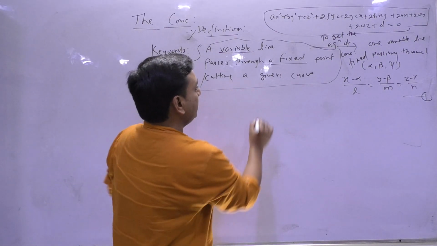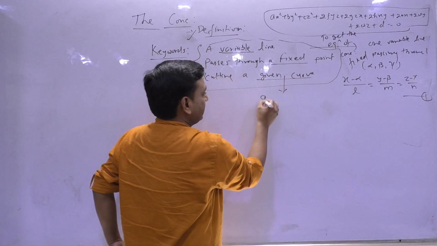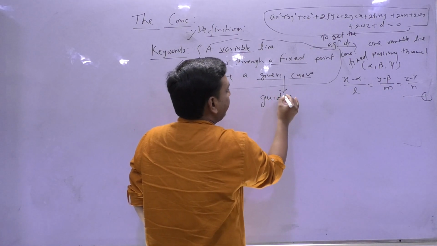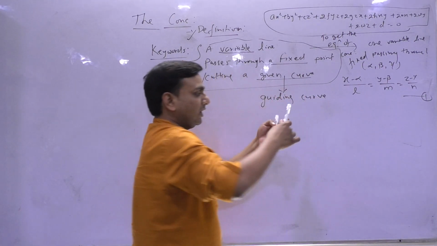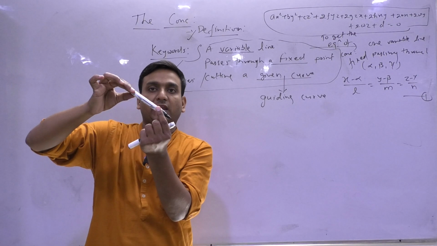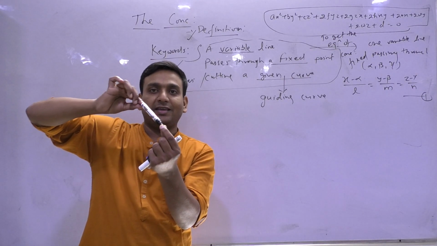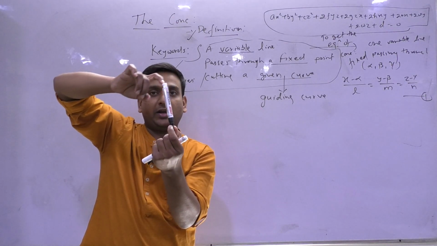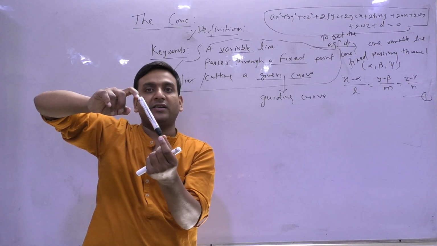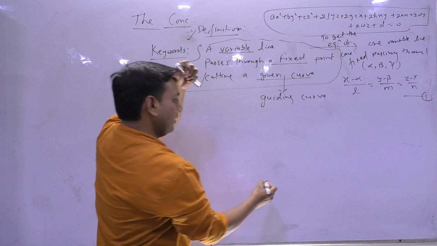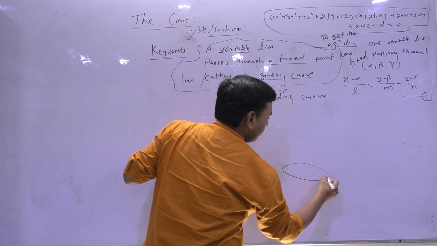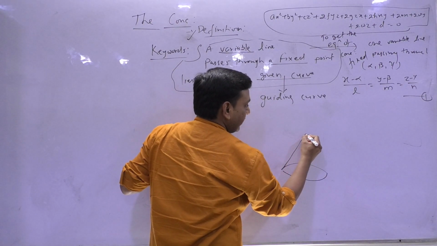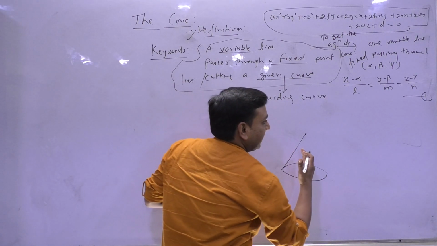And a given curve, this is called the guiding curve. Suppose that this is a line, and it is a variable line that lies over a curve. Let's say the curve is a circle and this is the variable line, moving like this.